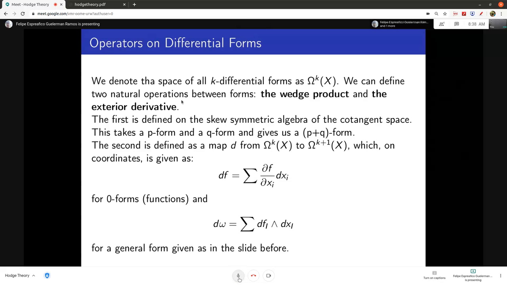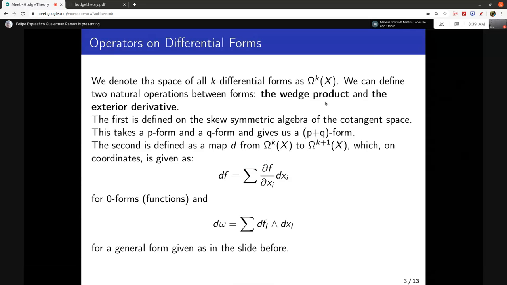And we have two natural operations: the wedge product, which is just the usual wedge product in the exterior power, if we consider the skew-symmetric algebra of forms at each point. And also we can define the exterior derivative, which in coordinates can be defined like this.